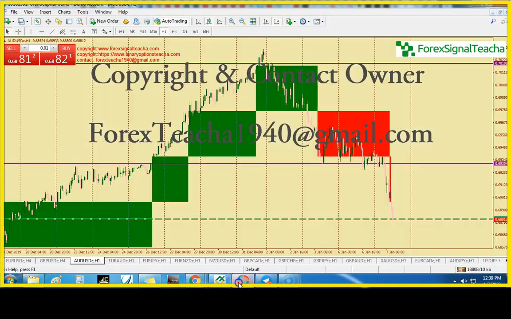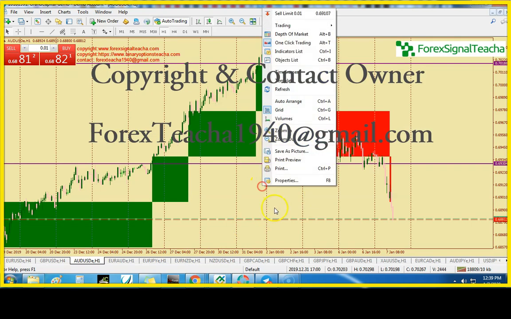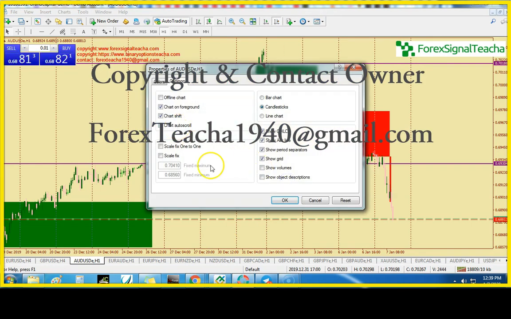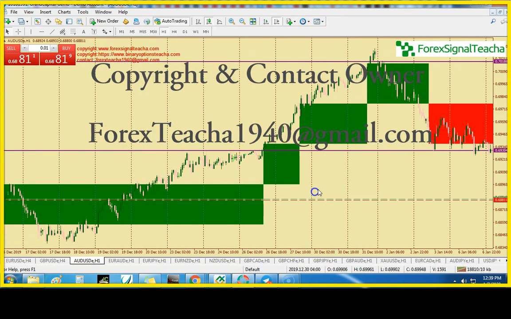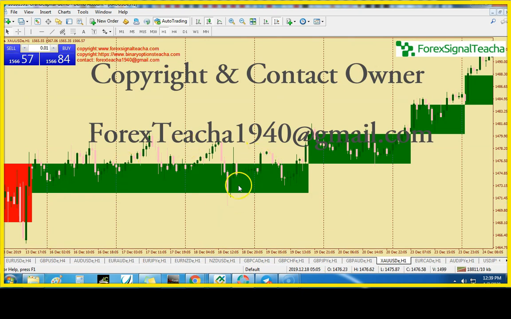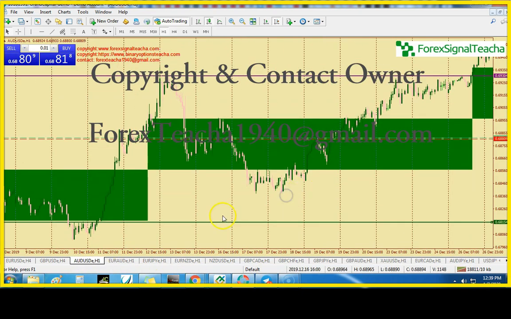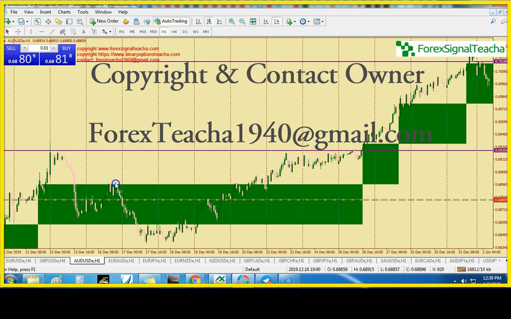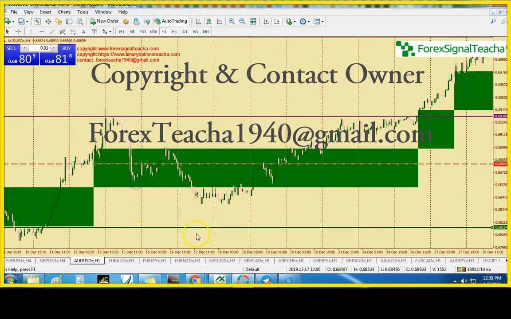So let's quickly go back to our initial plan, which is to show you the current correlation. On 16 December we saw that the gold was giving us a buy opportunity, right? So if you go here, I'm expecting a buy opportunity on 16 December, which is right here.